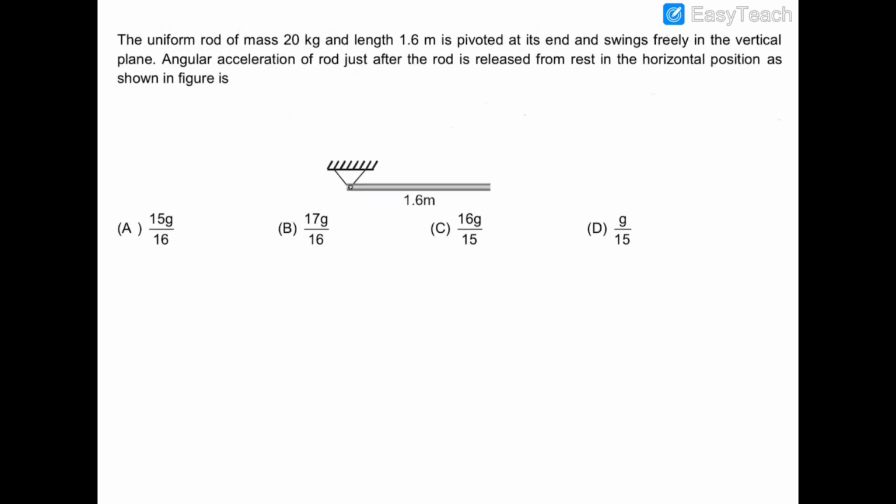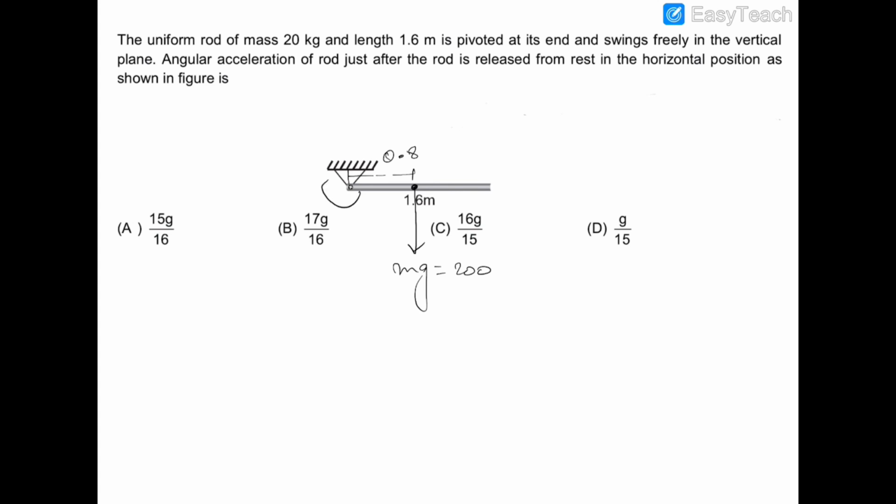In this question, there is a uniform rod of mass 20 kg and length 1.6 meters. It is pivoted from this point and it swings freely in the vertical plane. Now the angular acceleration of this rod just after the rod is released from rest would be, so let us find out this angular acceleration. We know that the center of mass would be situated at a distance of 0.8 meters and mg would be acting like that, where mg is equal to 200 newtons.